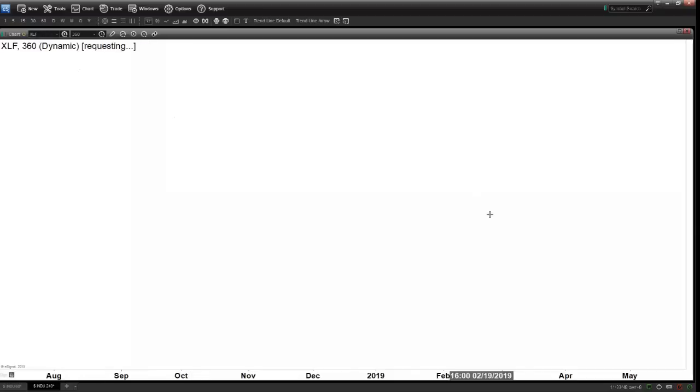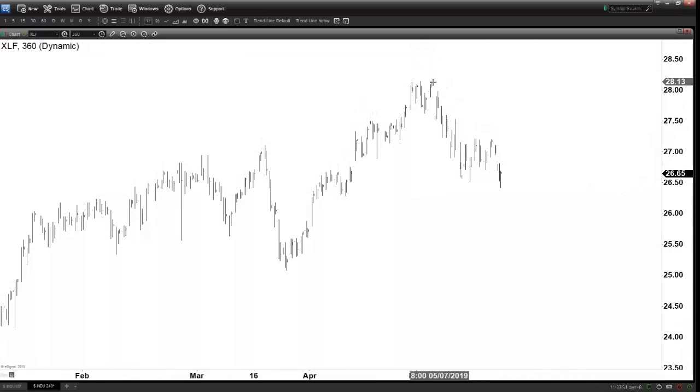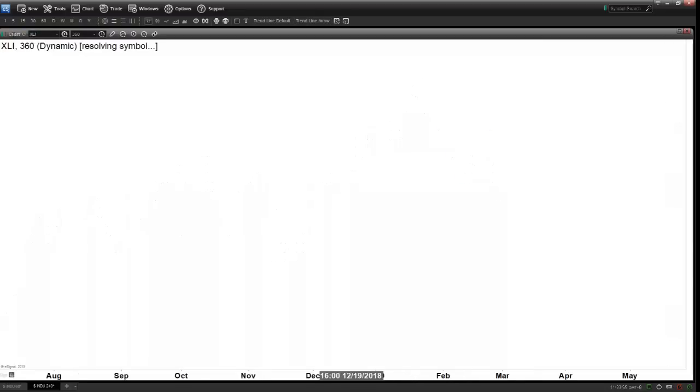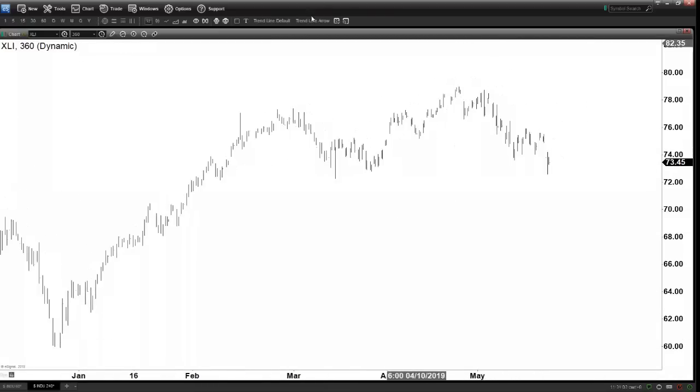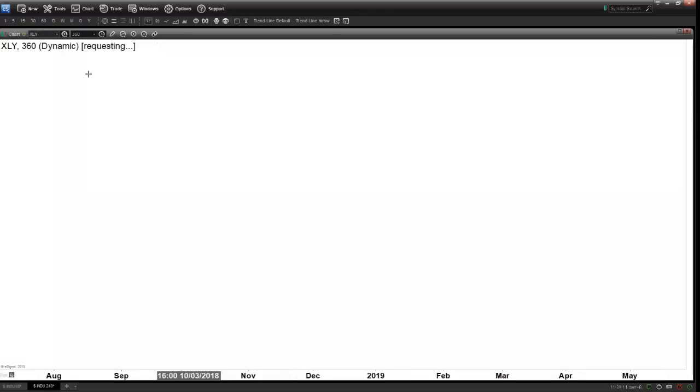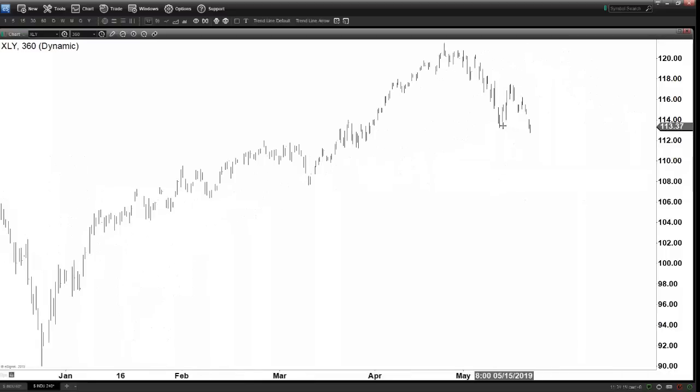Financial, XLF, already broke down. So the sectors within the broader indices, many of them broke down already. XLI is the industrial sector, which also broke down here. And you can also see consumer discretionary also broke down.